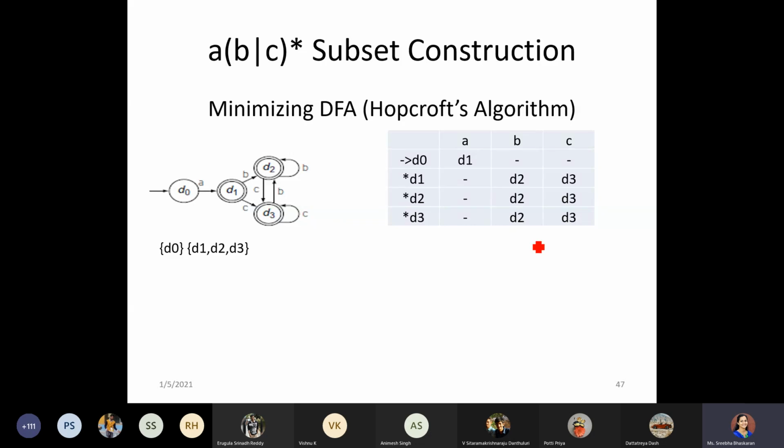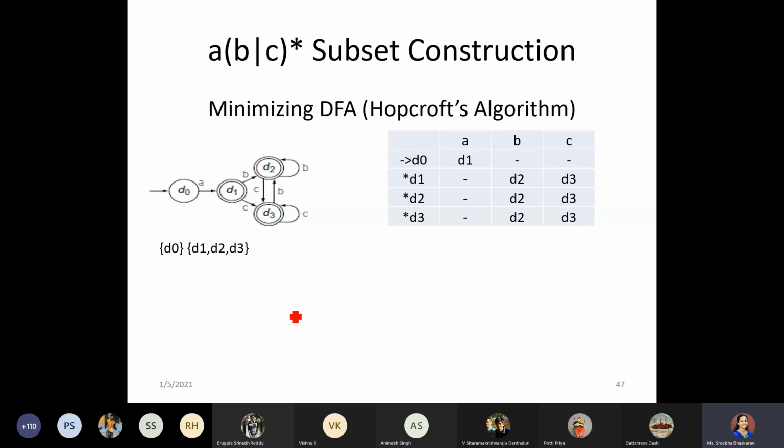So here also you group the states with respect to final and non-final, that means you put all the states which are final together as a group, as a set, and those which are not final in another. D0 is a non-final state, so that is a single one, considered in one group, and in the other group we have D1, D2, D3. Now we have to sort it out and see whether these fall in the same group or not.